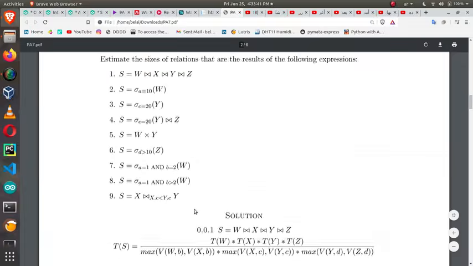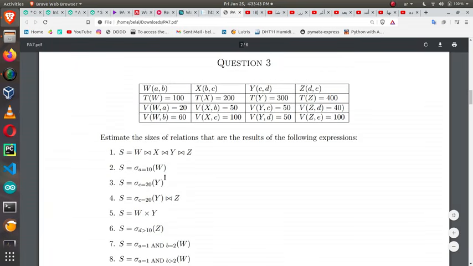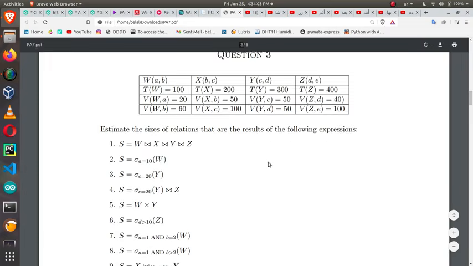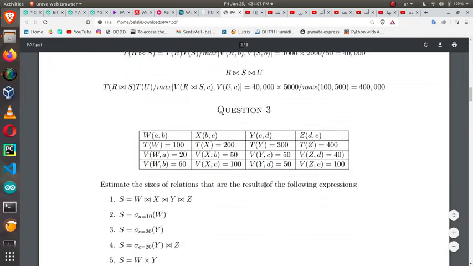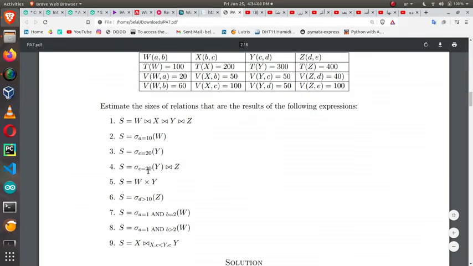Correct. Number 3, T of Y over V of Y, C. This is select equal. T of Y equals 300 over V of Y, C. 300 over 50 gets us 6 tuples. Correct.